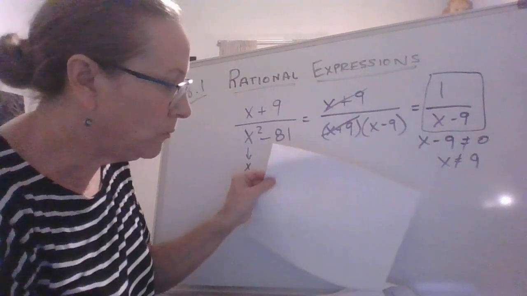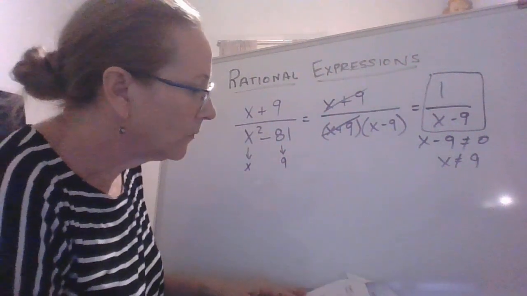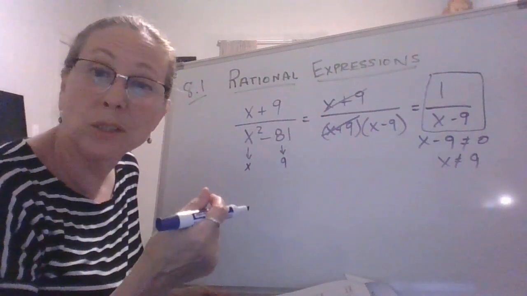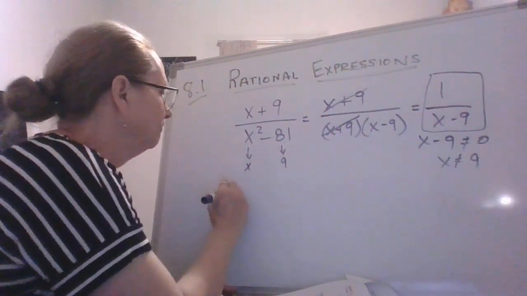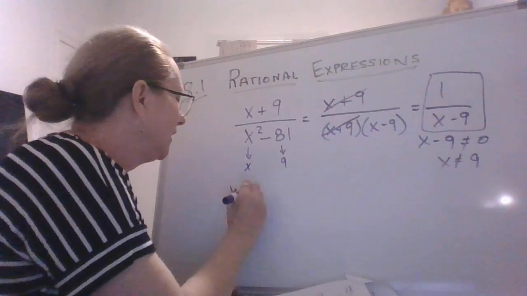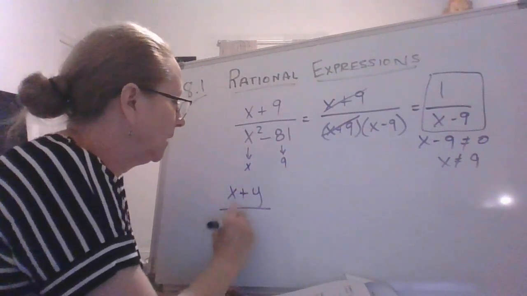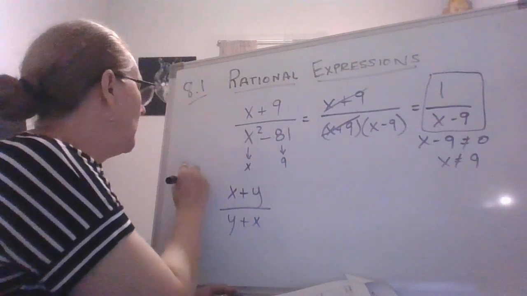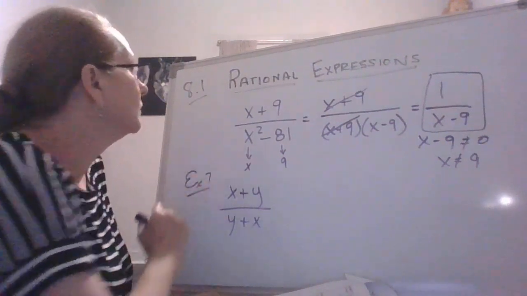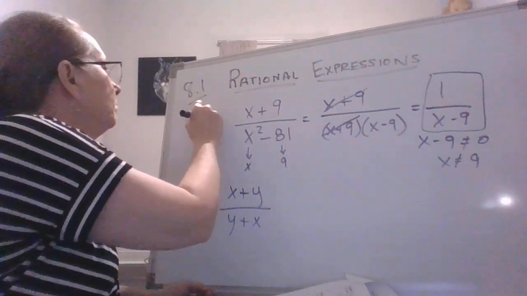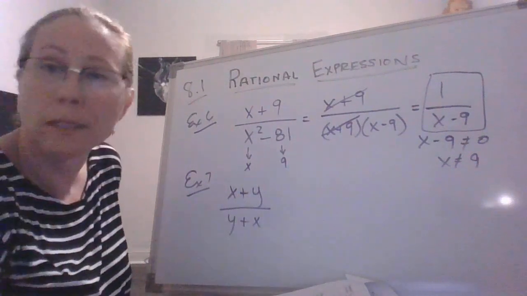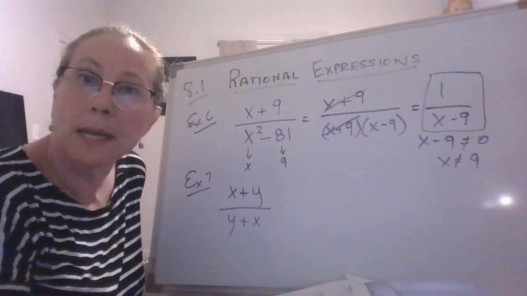All right, we have 3 more examples. Now, this one adds a little twist eventually. All right, in example 7, this was example 6, we have x plus y and y plus x.